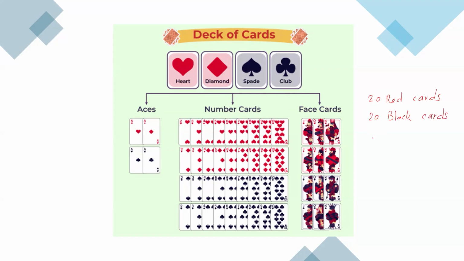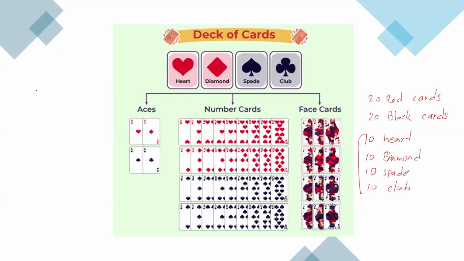Along with this, you have 10 hearts, 10 diamonds, 10 spades, and 10 clubs. Okay, these are one collection that is written over here.